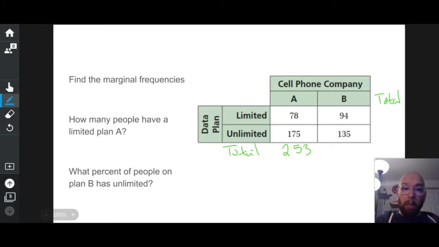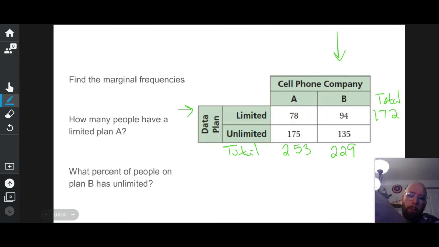The total people who have cell phone company plan B is 94 plus 135, which is 229. Handled that one a little bit better. The total people who have the limited plan is 78 plus 94, which is 172.